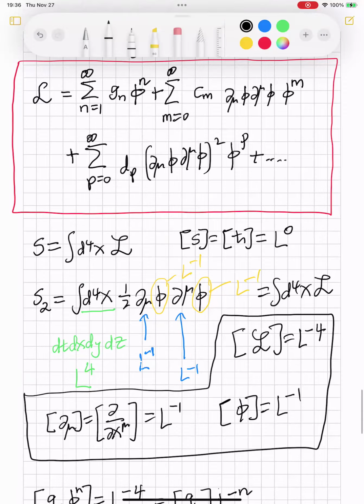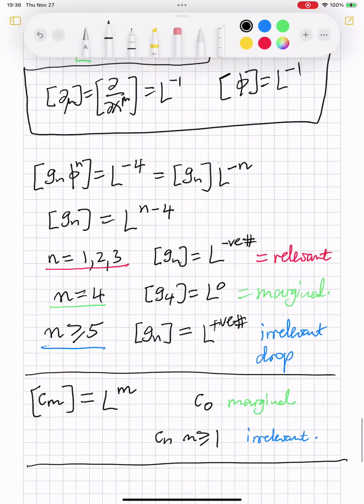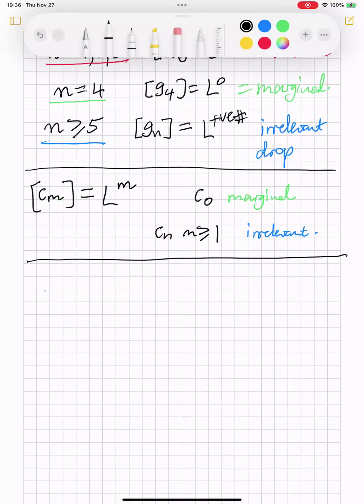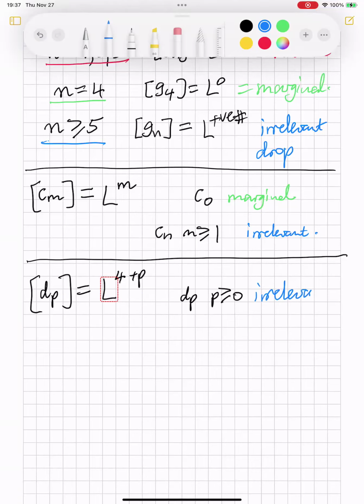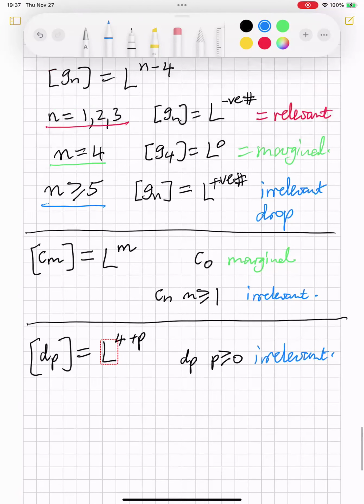Good. Have you got an answer? So this is what I found. So when working out what are the dimensions of dp, I found that this was length to the 4 plus p. So actually, dp for p greater than or equal to naught is always irrelevant. So now I'm going to invite you to do something.